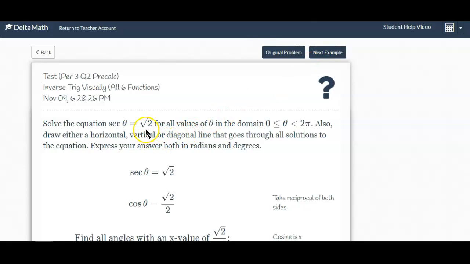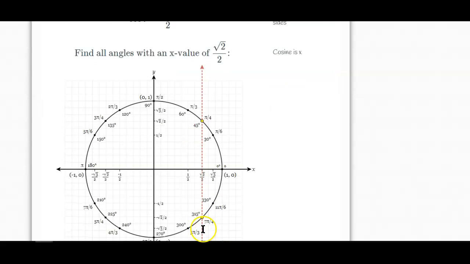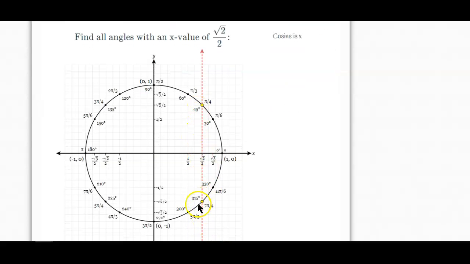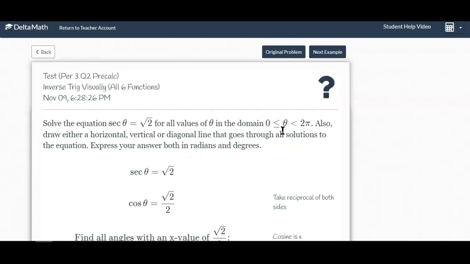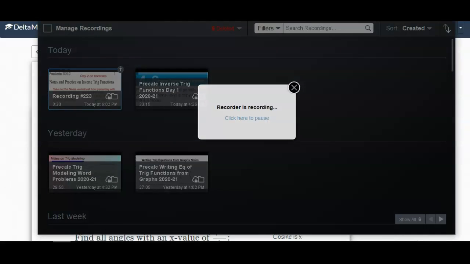Secant is square root of 2, so that means cosine is the reciprocal of that, 1 over square root of 2 or square root of 2 over 2. That's going to be a vertical line over here where it's hitting square root of 2 over 2. And then you would say 45 and 315, and pi over 4 and 7 pi over 4. Okay? We're going to do some of these in our live meets as well, but I hope that helps you to do that assignment.